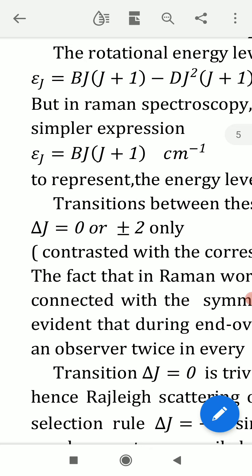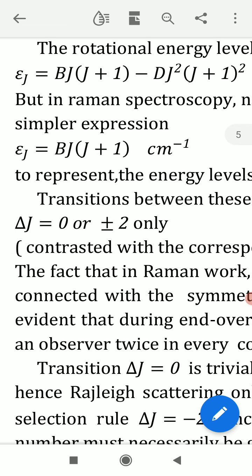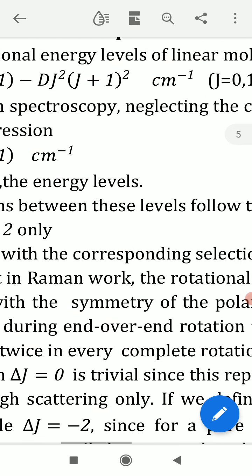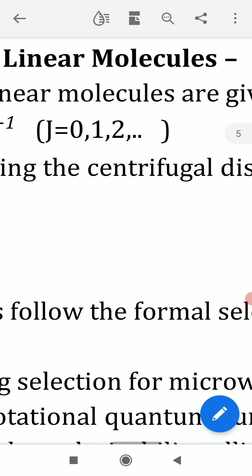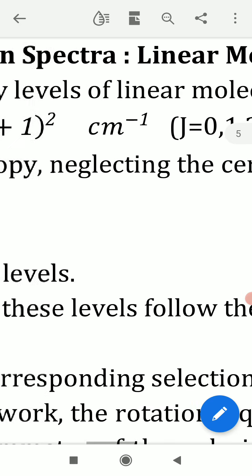B is some constant. J is the quantum number associated with angular momentum, so it is the angular momentum quantum number. And values of J are 0, 1, 2, 3, 4 and so on.